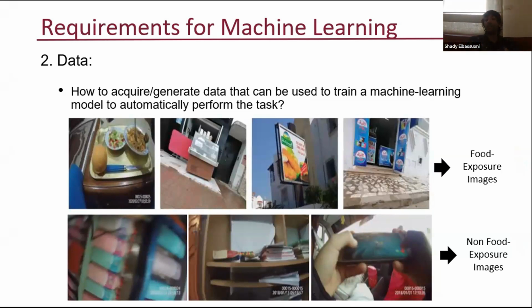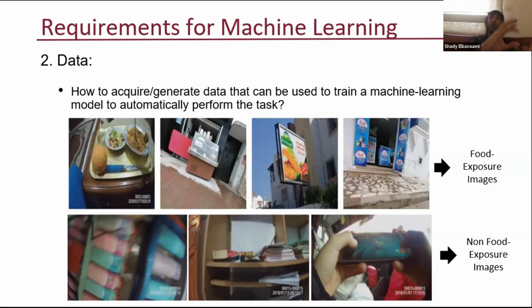In our scenario, we wanted to differentiate between images that contain food or have anything to do with food and images that don't. So our data set would have to contain sample images that have something to do with food.